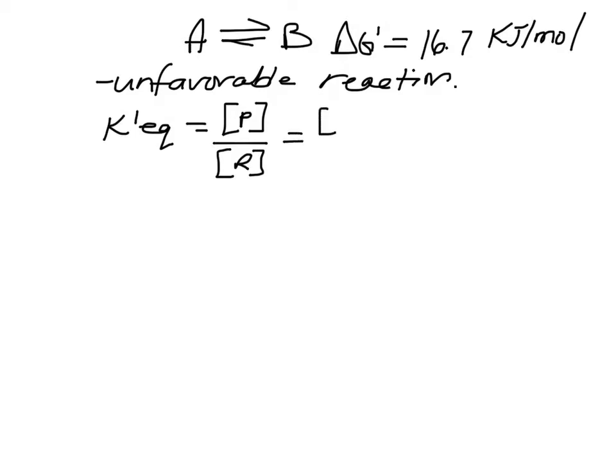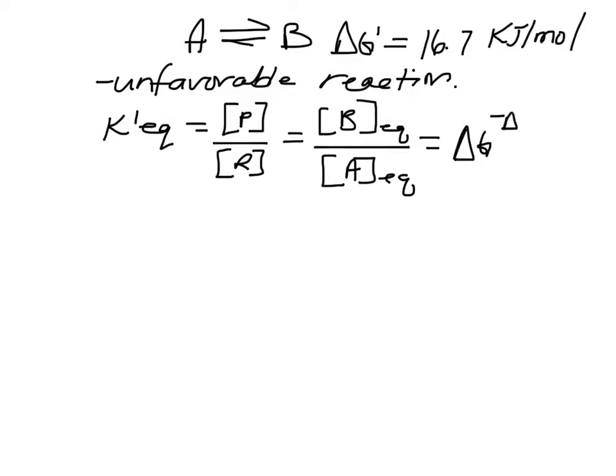So it would be the concentration of B at equilibrium divided by the concentration of A at equilibrium. If we use the delta G to determine this, we would find that Keq would equal 1.15 times 10 to the minus 3.